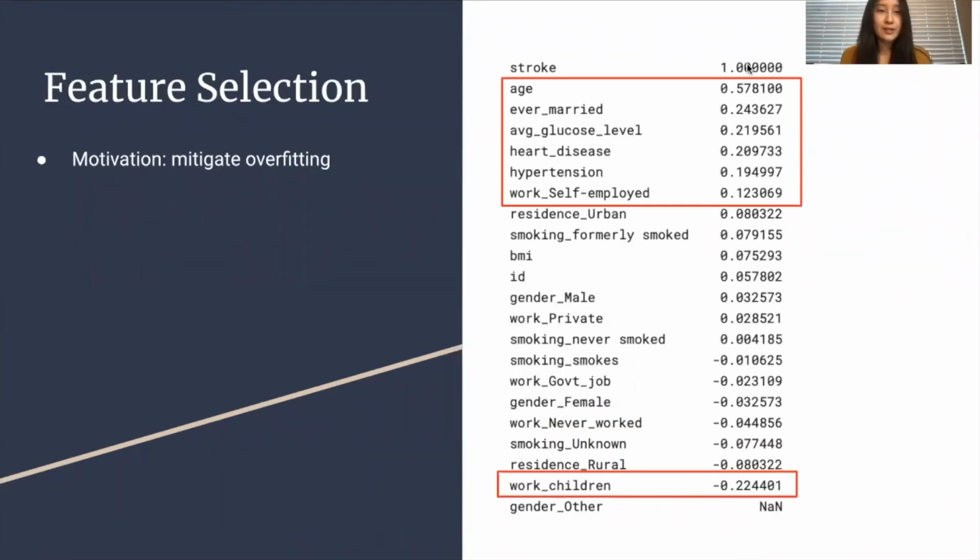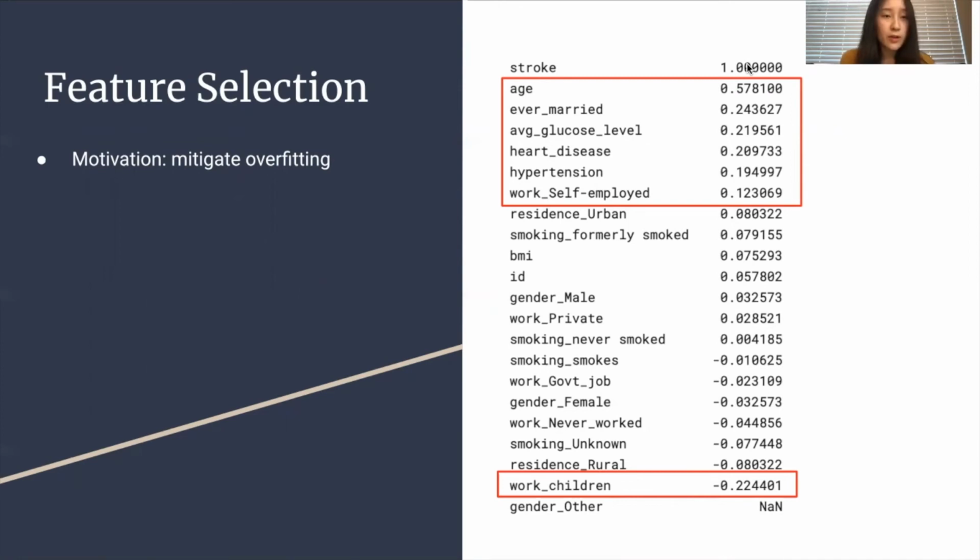So, as Sabrina said, both accuracy and recall scores of our initial model were very high, which seems almost too good to be true. And we know that random forests tend to have more accurate predictions, but there could be the potential of overfitting. So, we'd like to pick out a few features that are more correlated with stroke to mitigate the overfitting problem.